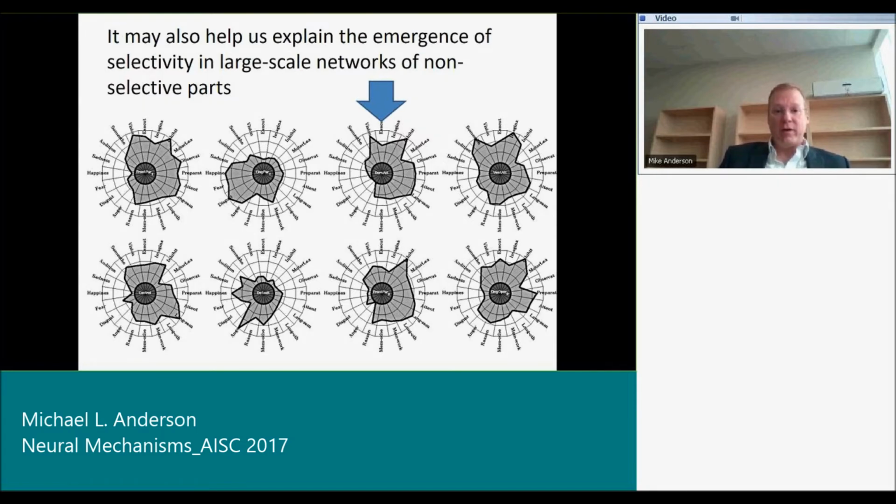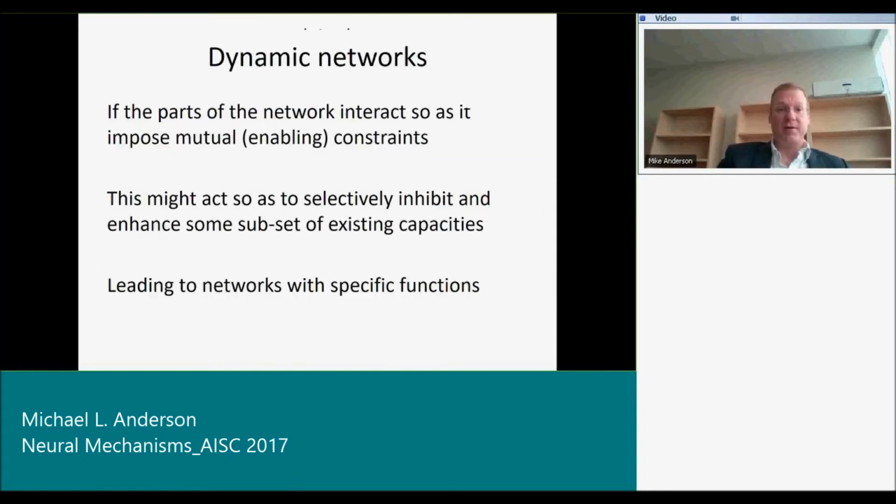If you can imagine each of the parts of a large-scale network mutually constraining one another, then you could imagine that essentially what's happening is the relationships between these parts are selectively enhancing or inhibiting various capacities of those parts, with the result that the organization as a whole can exhibit concerted and very specific behavior. Right? Parts of the network interact so as to impose mutual enabling constraints.